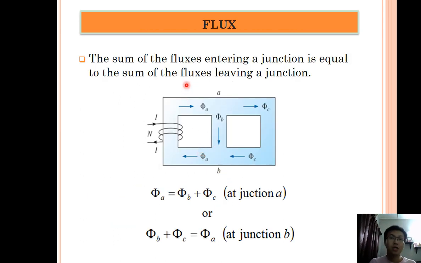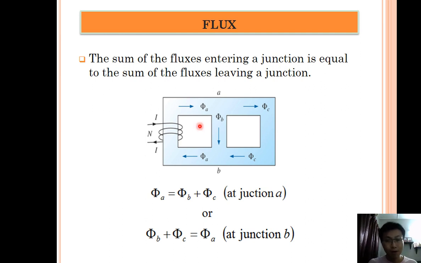So the sum of the fluxes entering a junction is equal to the sum of the fluxes leaving a junction, which is the same as Kirchhoff's current law. When IA comes in, it becomes IB and IC, so IA equals IB plus IC.